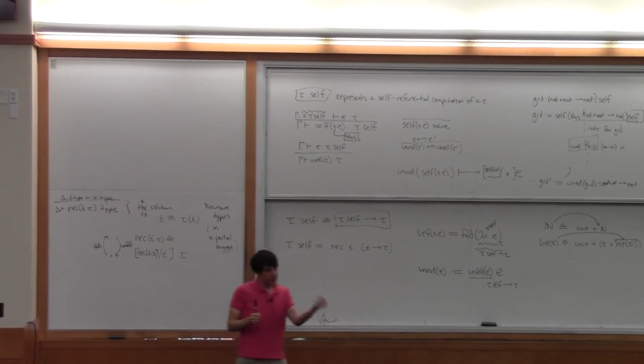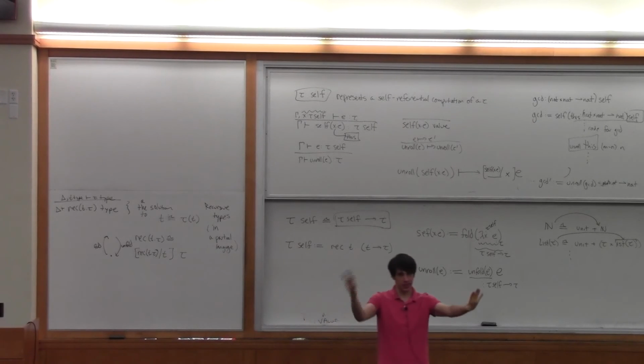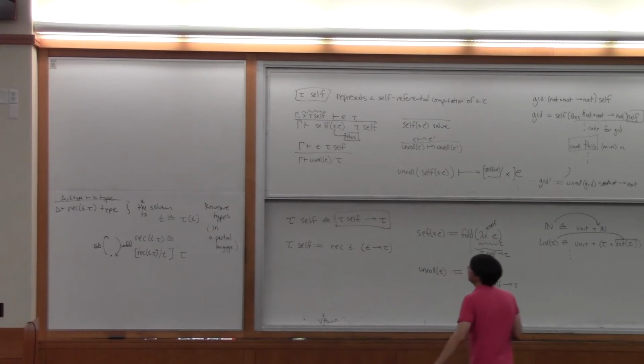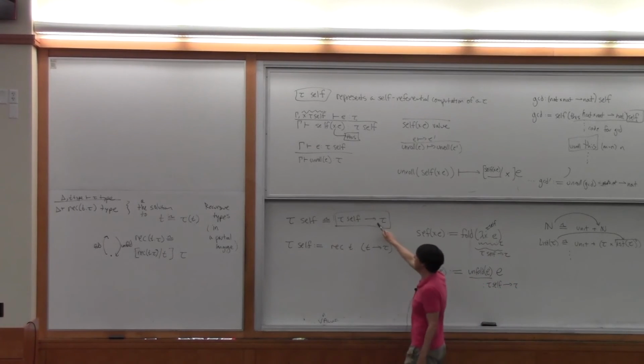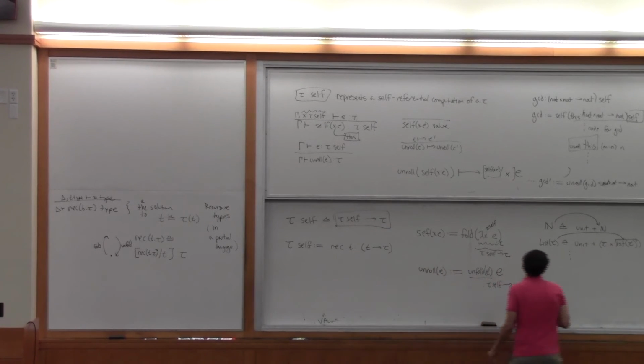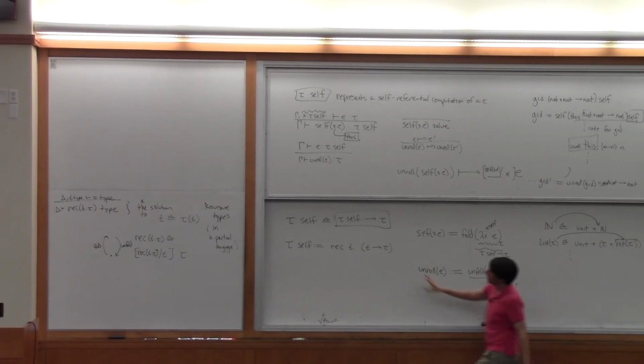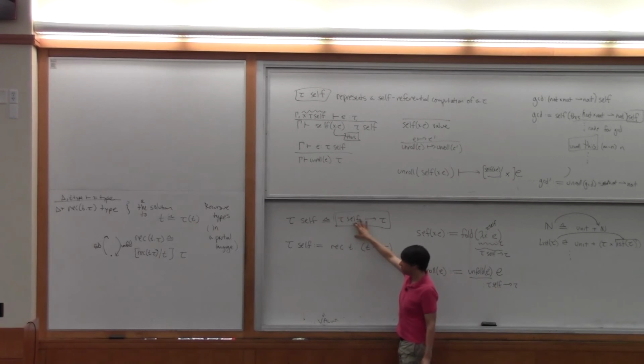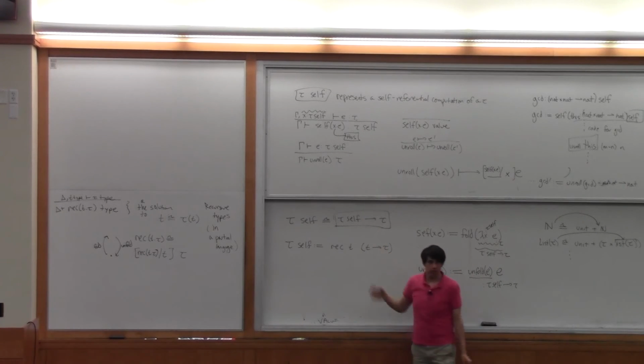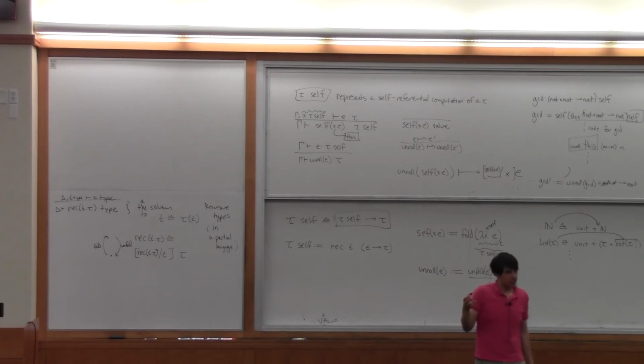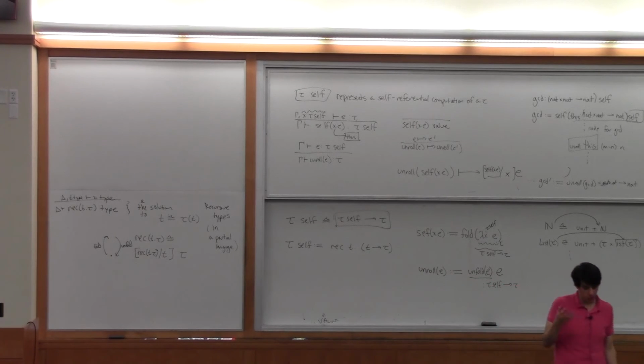In t.tau, t can occur both to the left of an arrow and to the right of an arrow. When you're solving an equation like this, where t itself occurs to the left of an arrow, that is the extra bit of juice that allows us to define something that is giving us non-terminating computations in this case.